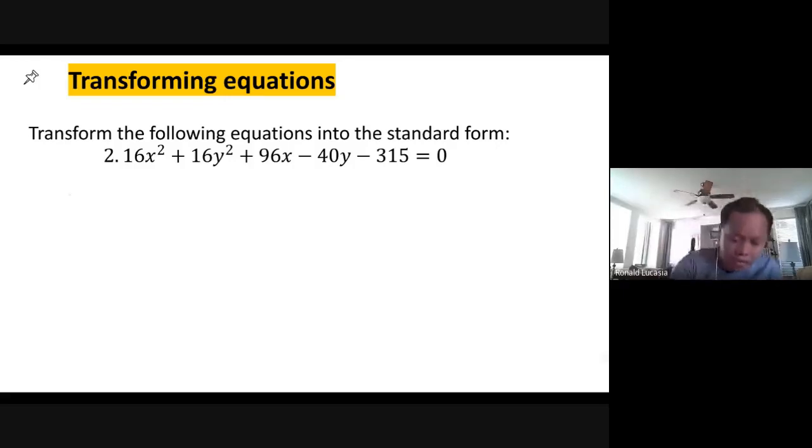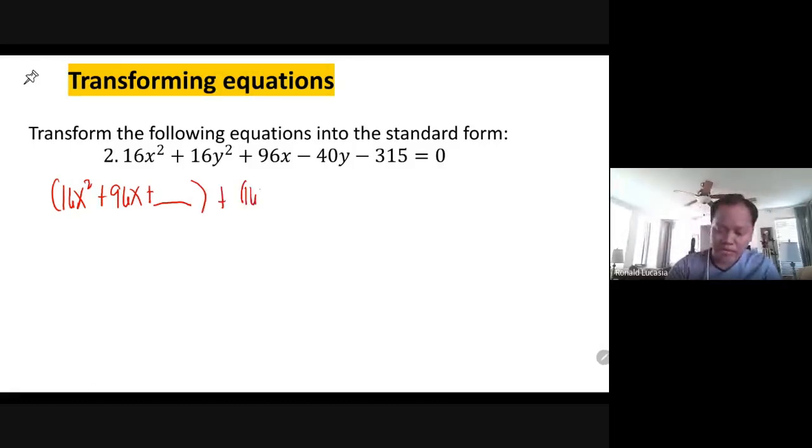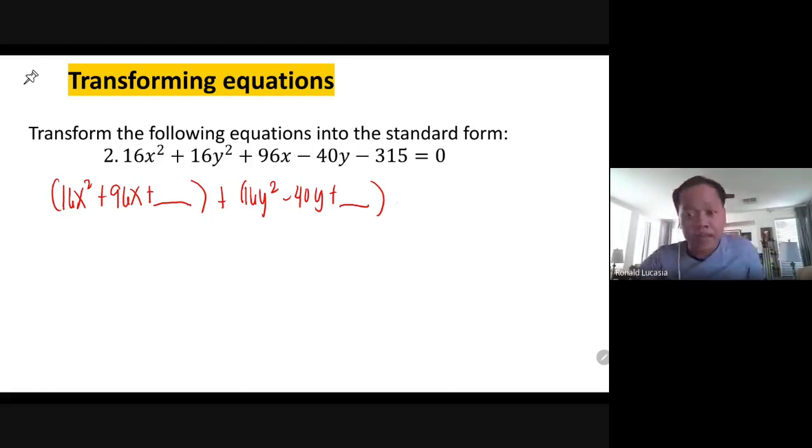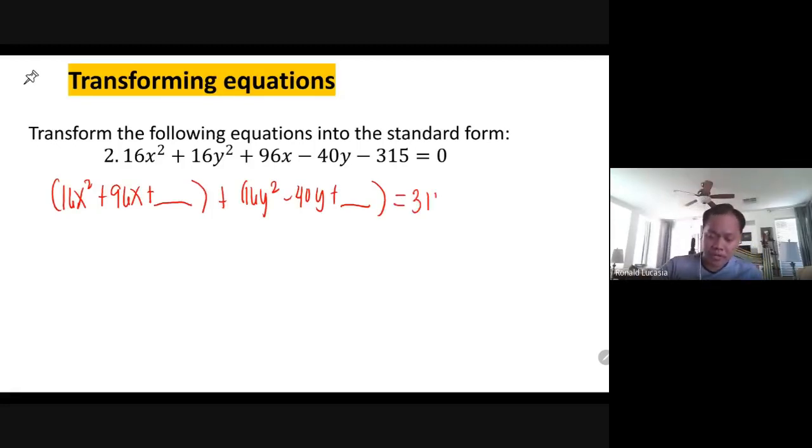In regrouping the terms, we have 16x squared plus 96x, and then you'll think of a certain number that will make it a perfect square trinomial, plus 16y squared, and then minus 40y. You'll think of a certain number that will make it again a perfect square trinomial. Again, when you say a perfect square trinomial, the factors are identical. Then the constant term will be transferred to the right side.